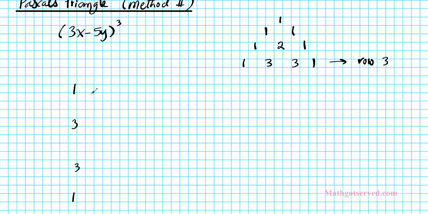Okay? And now we're going to take the first term, 3x, raise it to the third power, and then the second term, negative 5y, raise that to the 0th power. And then we're going to start to do the switcheroo with the powers. So this power descends to 0 and this ascends to 3.